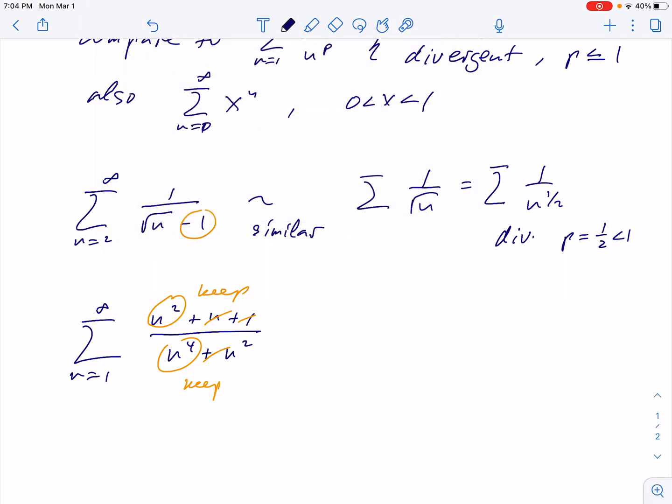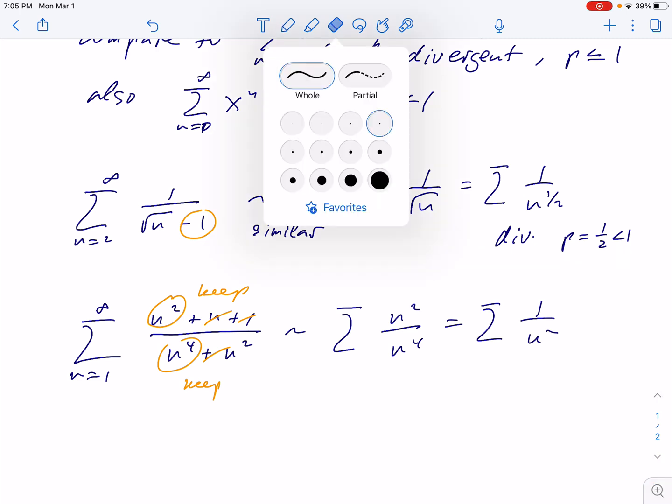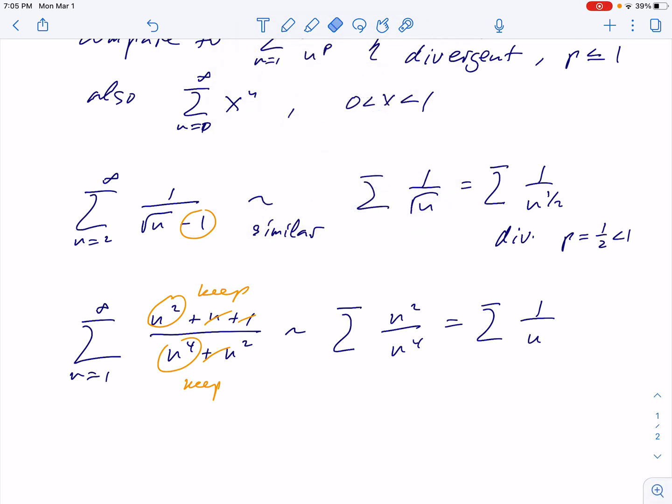This series will be similar to the series n squared on top and n 4th power below. After reducing, we have 1 over n squared, which is convergent.